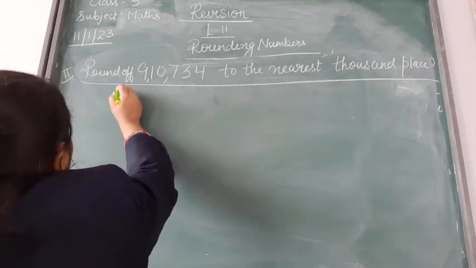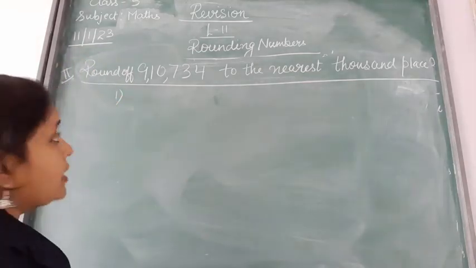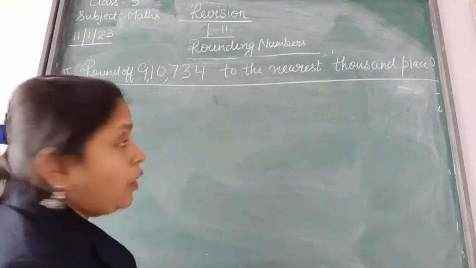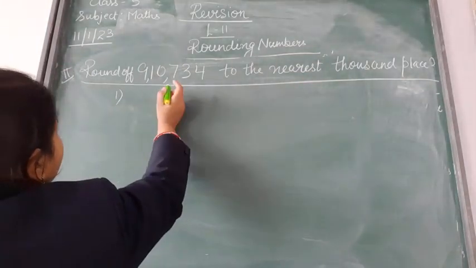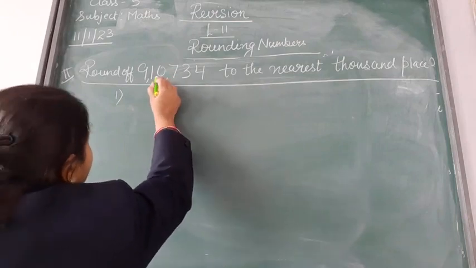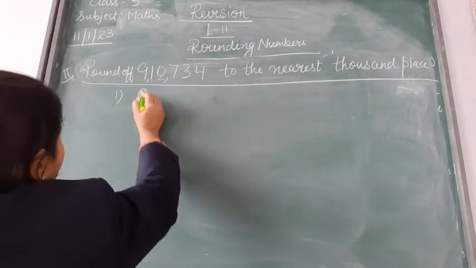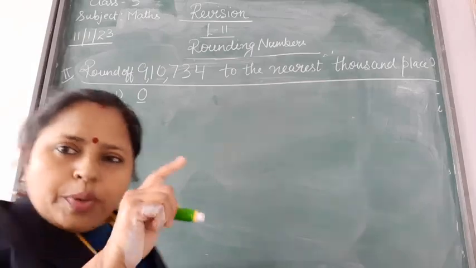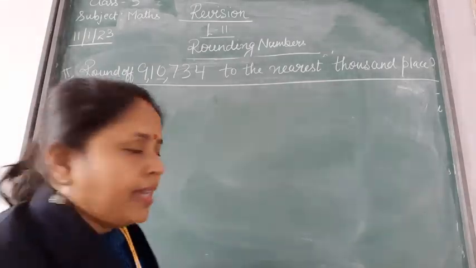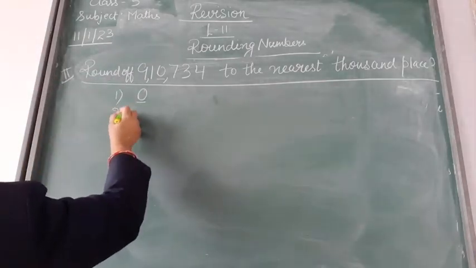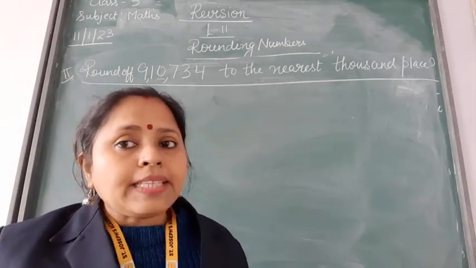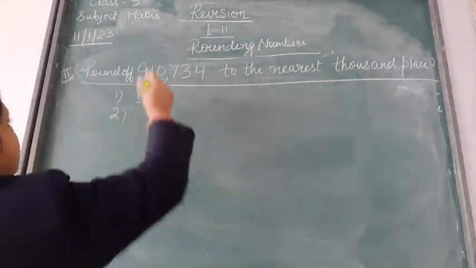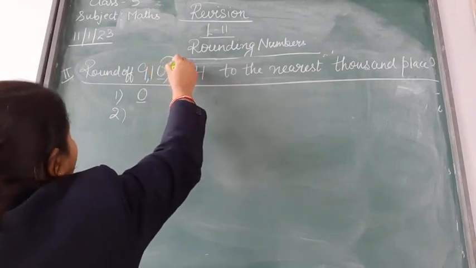So what will be my first step? We will check the digit at the rounding off place. Our rounding off place is the 1000 place. So what is the digit at the rounding off place? The digit at the rounding off place is 0 and we are going to underline that digit. Now in the second step, we will see the digit on the right hand side of the rounding off place.